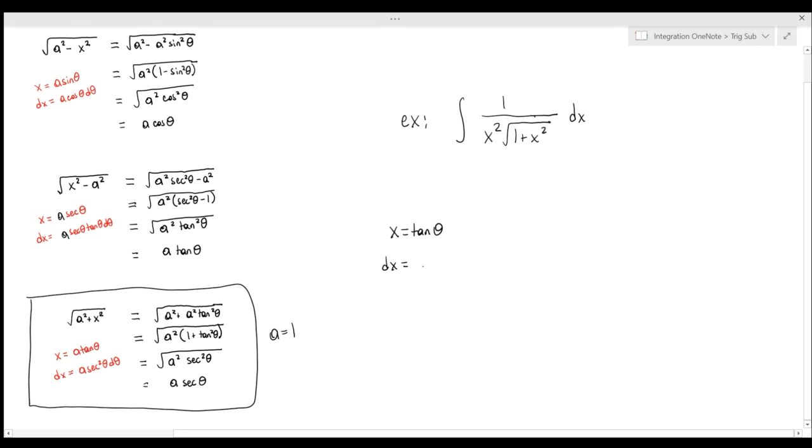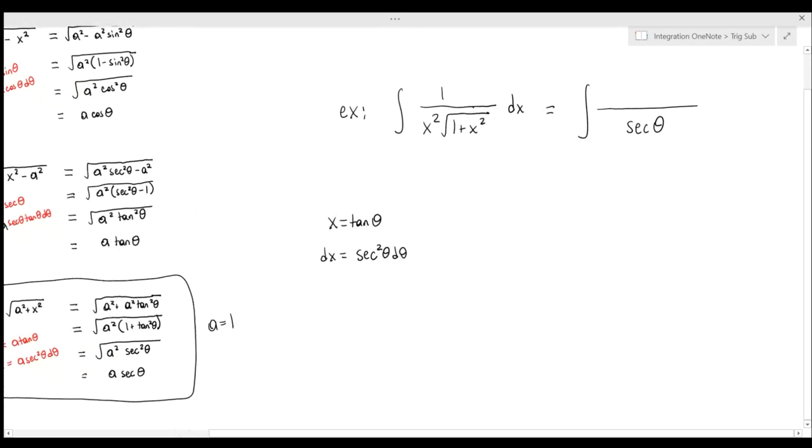Then dx would be secant squared theta d theta. Now that square root of 1 plus x squared should simplify to be a secant theta, where a is 1. So with this change of variables, I should get a secant in the denominator where the square root was. Okay, that takes care of the square root term.